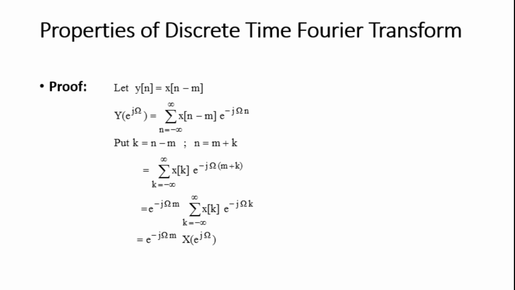Put k is equal to n minus m, then n is equal to m plus k, which is equal to summation k is equal to minus infinity to infinity x of k into e power minus j omega into (m plus k), which is equal to e power minus j omega m taken outside. So inside the summation, k is equal to minus infinity to infinity x of k into e power minus j omega k, which is equal to e power minus j omega m into X of e power j omega.